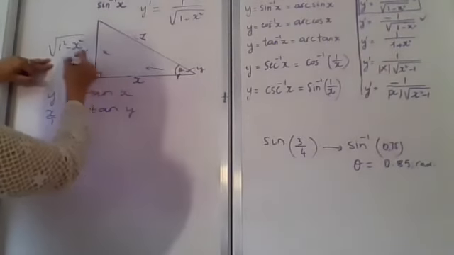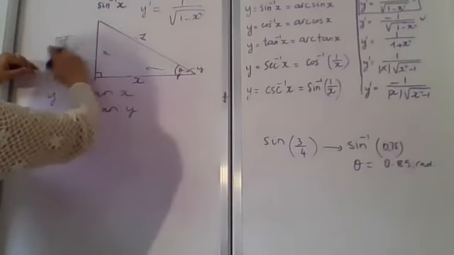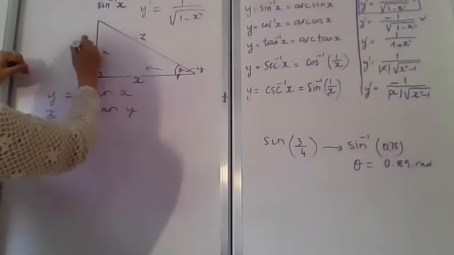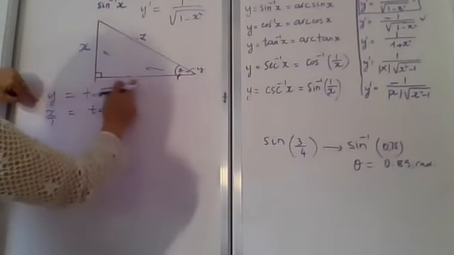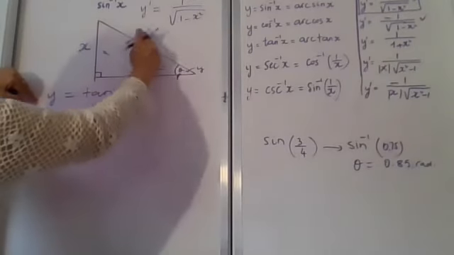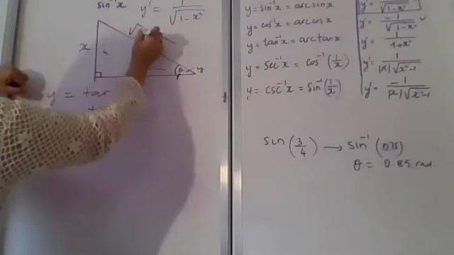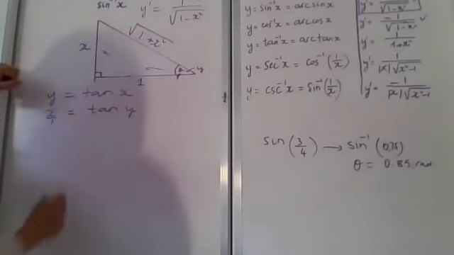Tan of this angle equals opposite. So for tan we have opposite over adjacent, so the adjacent will be 1. And therefore the hypotenuse here will be 1 squared adding x squared. Adding, right? Not subtract.